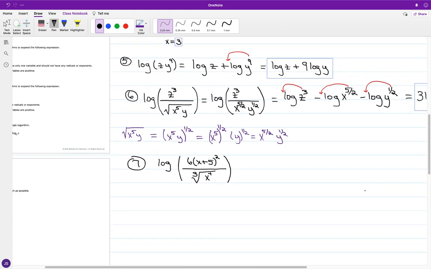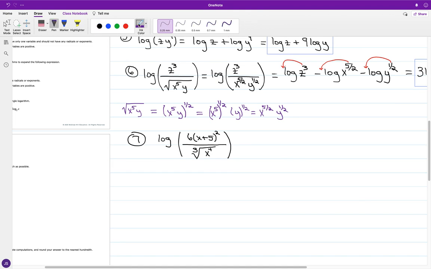And again, just taking what we have in the radical, if I rewrite the cubic root of x to the 4th, this will just go to x to the 4/3.